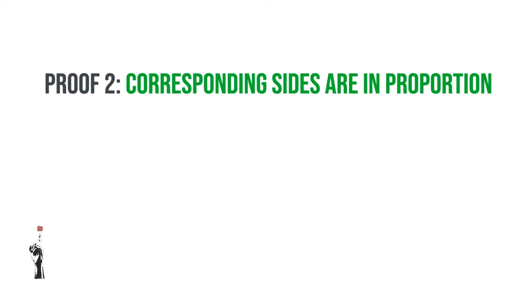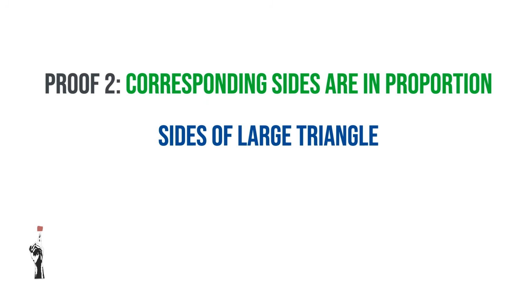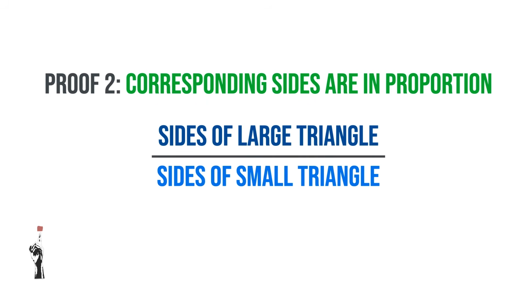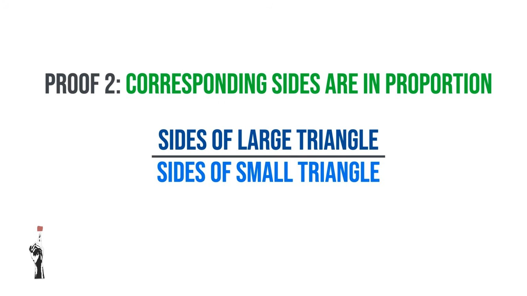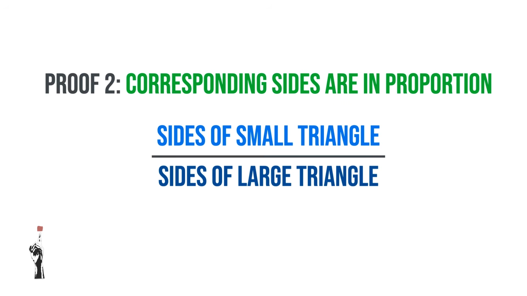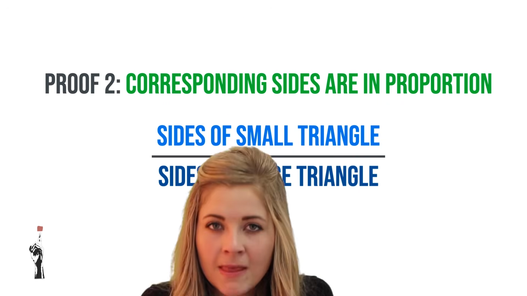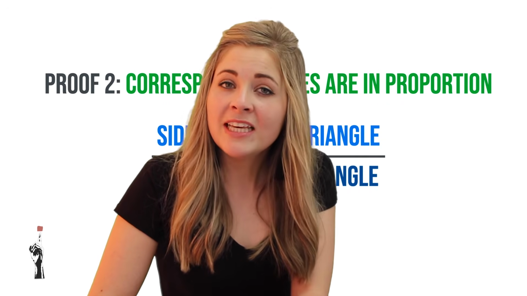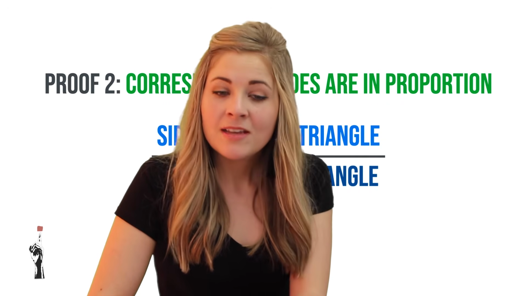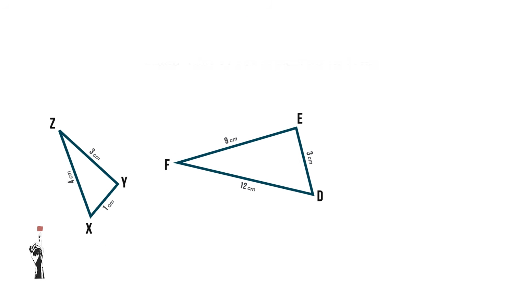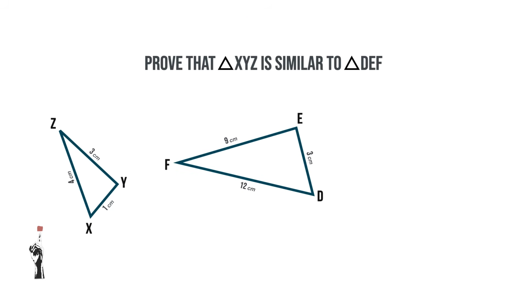Now, you can either put the sides of the large triangle on the sides of the small triangle, or you can put the sides of the small triangle onto the large triangle, as long as you constantly keep on doing the same.